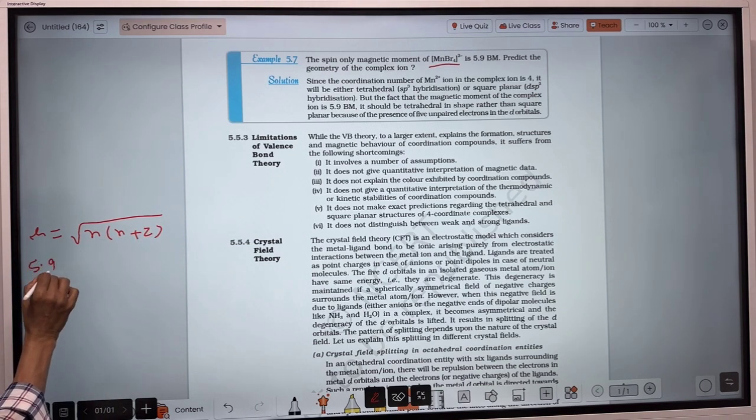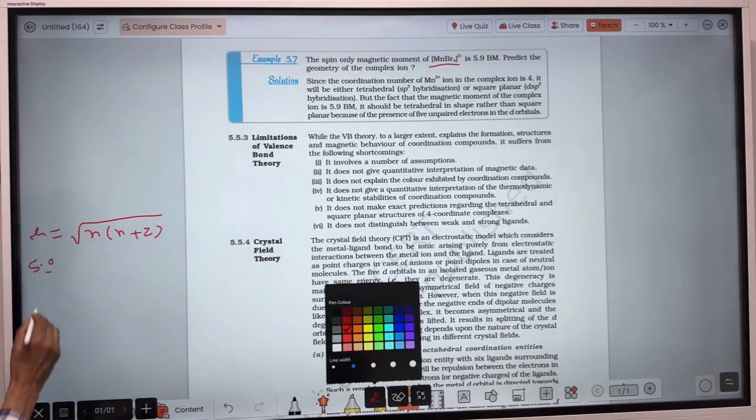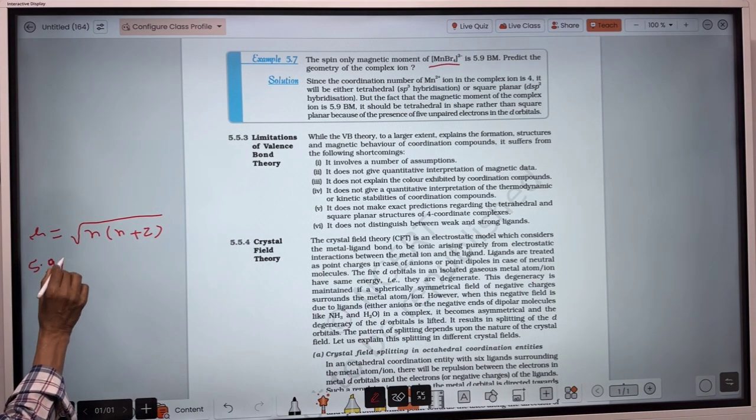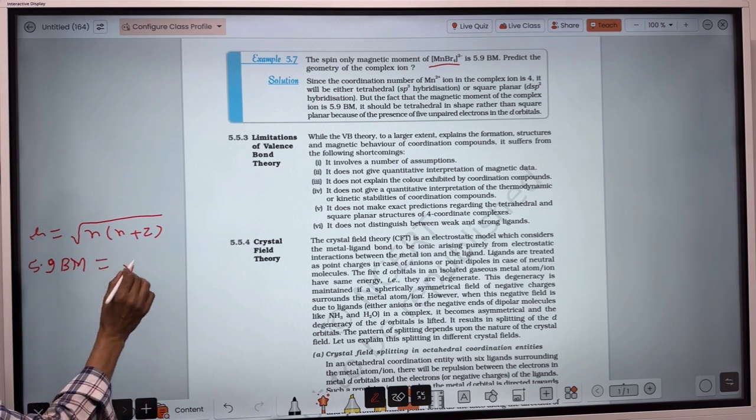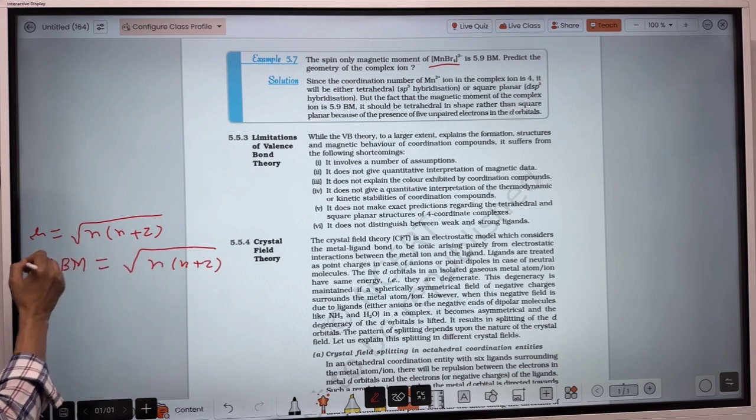Now to bring out the value of n, the root will come to this side and become a square. So 5.9 into 5.9, that you will have to do. The square will be 34.81.